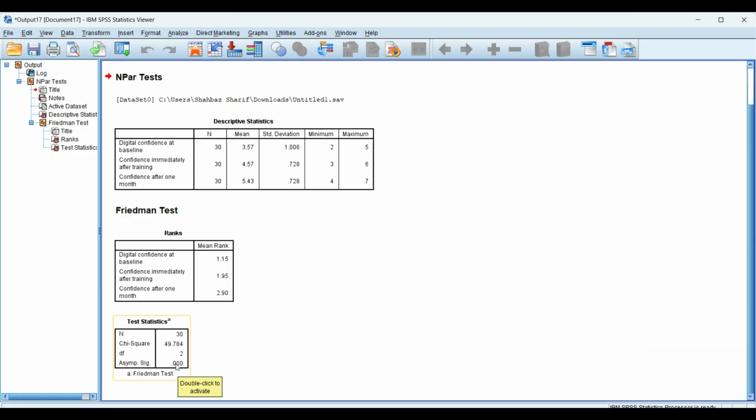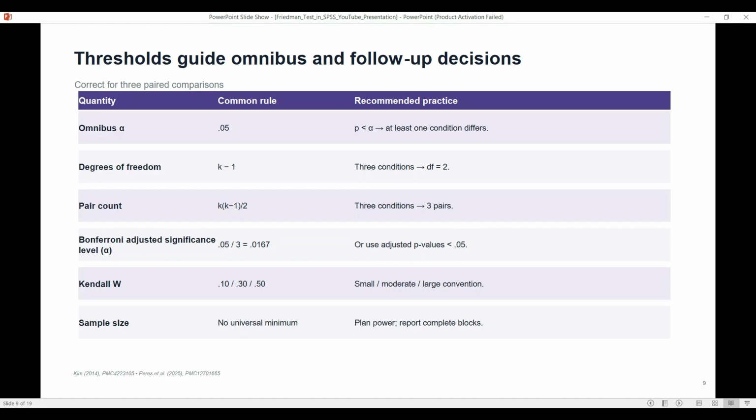In both cases the value is lower. So we can simply say that there is a significant improvement from baseline to after 1 month. As I have explained, we calculated the effect size of 0.83, which is a large effect size and shows a very large improvement from baseline to after 1 month.